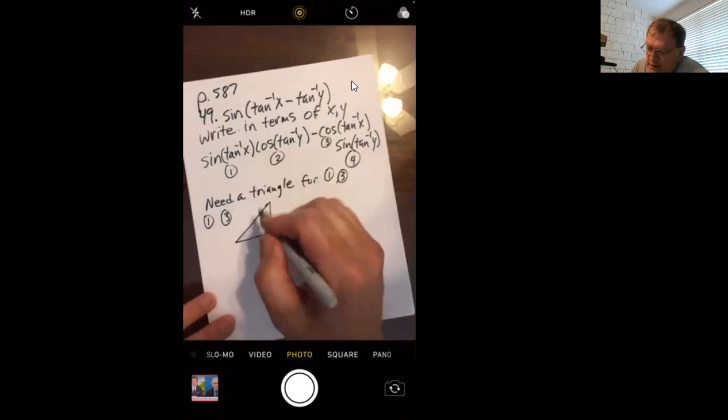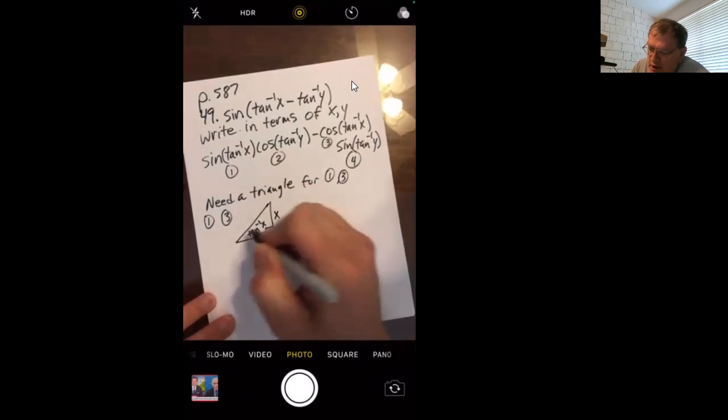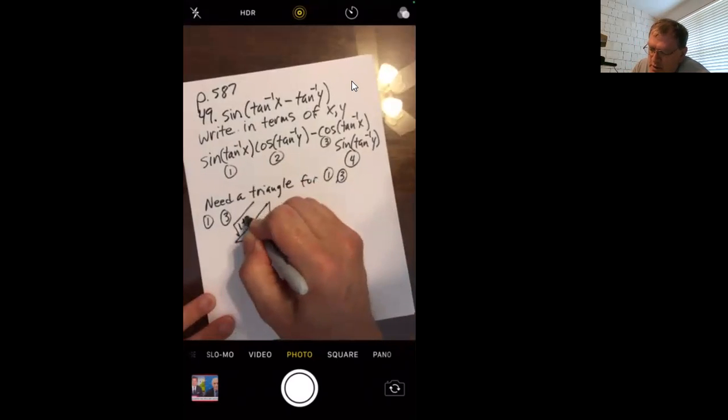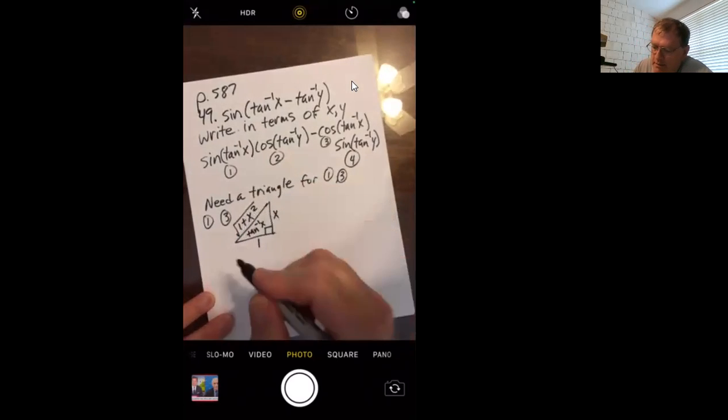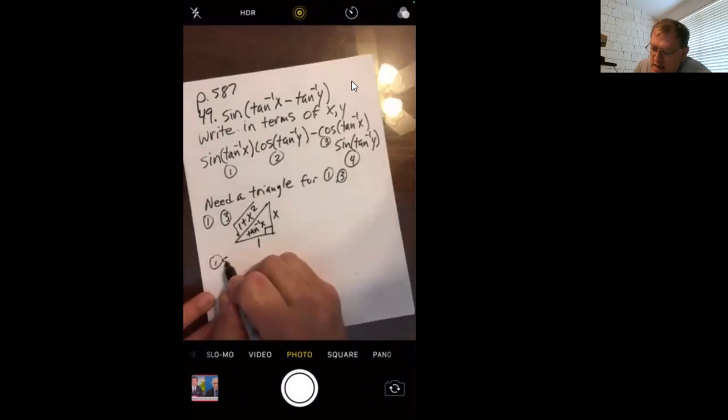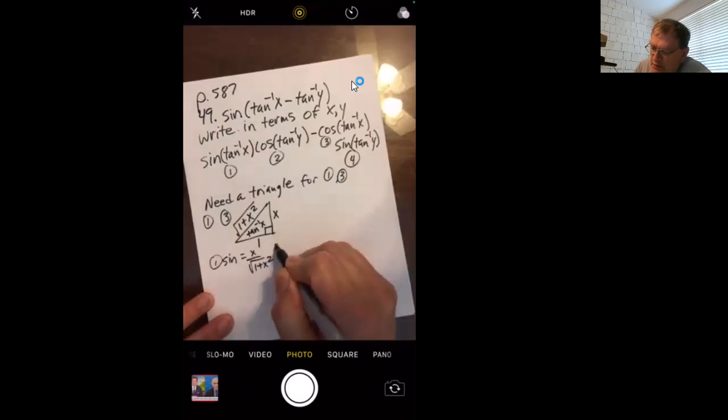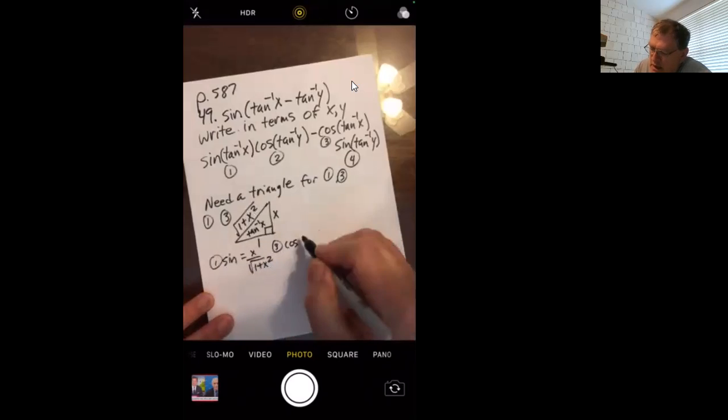So arctangent x, this is arctangent x. It's x there, 1 there, square root 1 plus x squared. Piece 1, a sine, is x over square root 1 plus x squared. And piece 3, a cosine, is 1 over the square root 1 plus x squared.